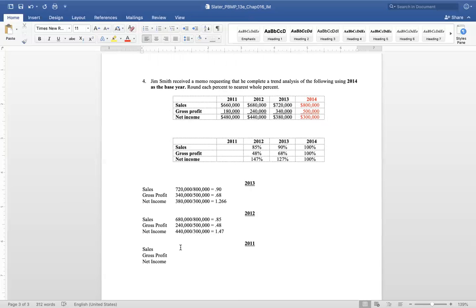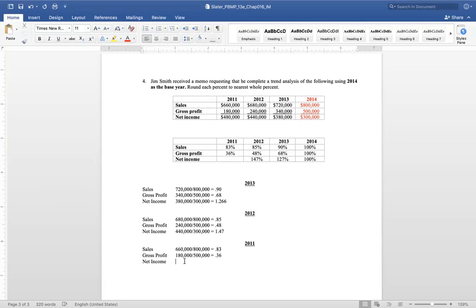Sales in 2011 were $660,000 compared to the base of $800,000. So that is 0.83, 83%. Gross profit is $180,000 to the $500,000, 0.36, 36%.